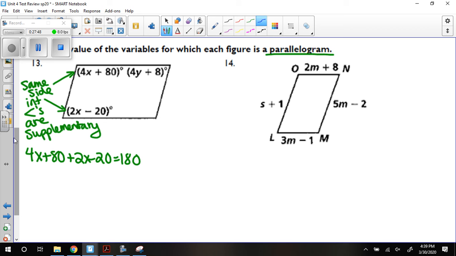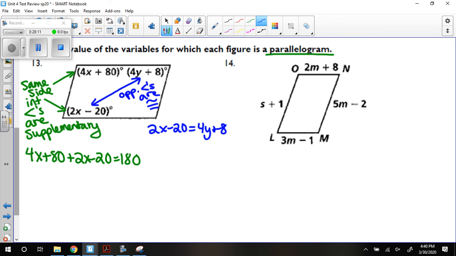Okay, I also know that these two angles, opposite angles, are congruent. So a second equation I'm going to have is that 2x minus 20 is equal to 4y plus 8. Now I cannot solve that one yet because it has two variables in it.